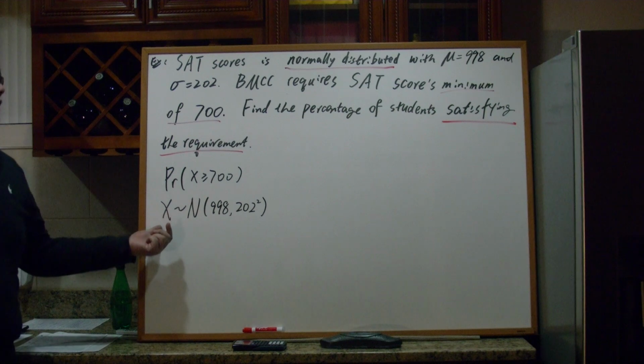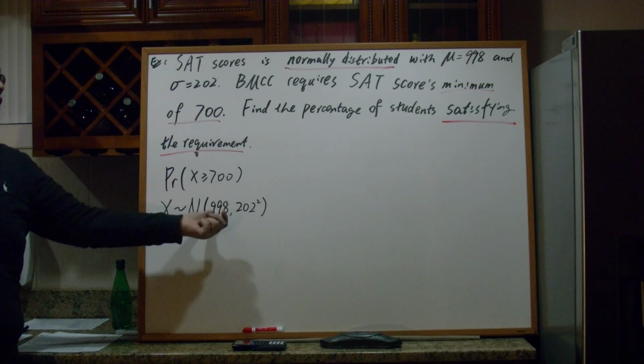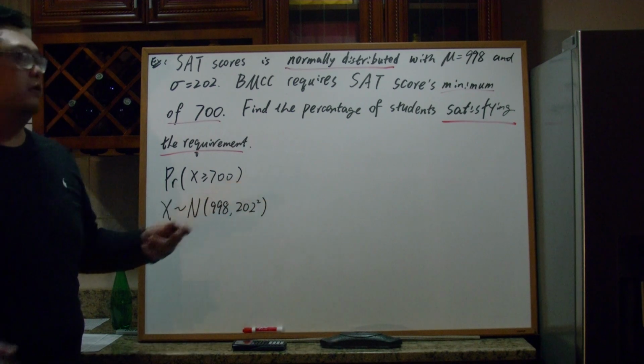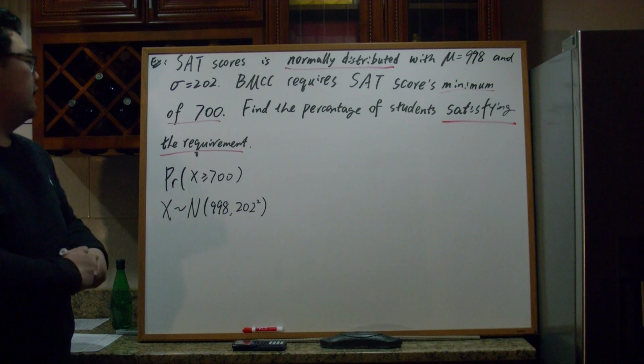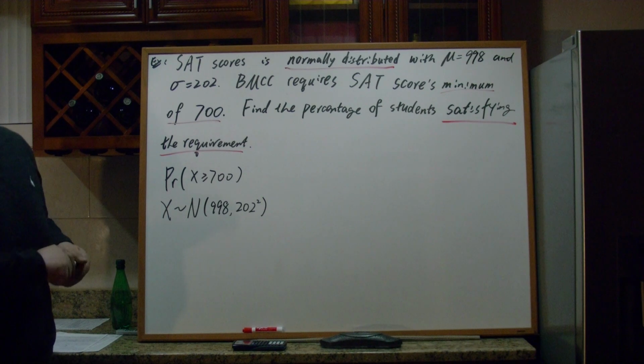X is the random variable of the SAT score. Asking for x to be greater than 700 will be the accepted minimum.